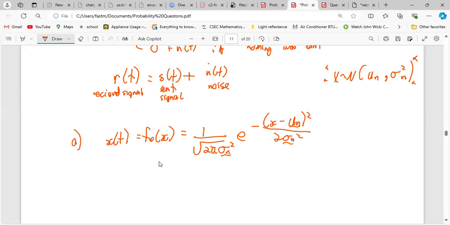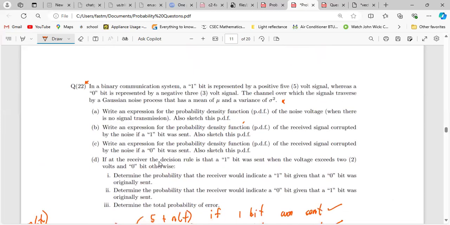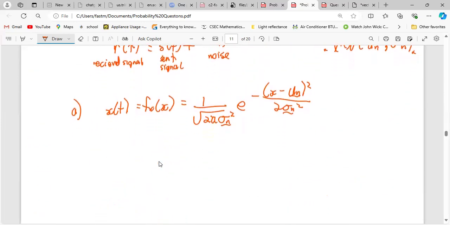The question says write the expression, and also sketch it. When you're sketching it, you have your bell centered about the mu, and then you have your spread.